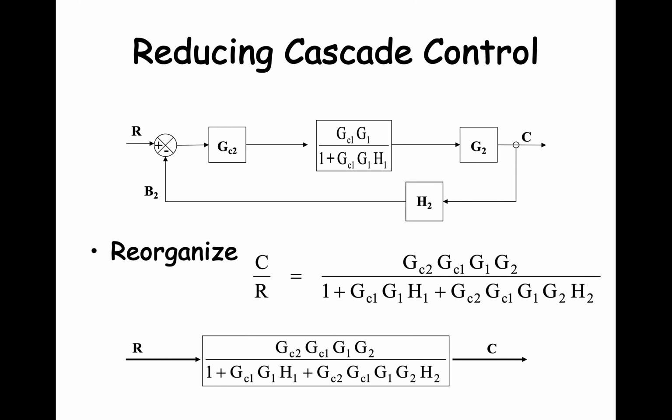This slide shows the simpler transfer function C over R for the feedback plus cascade control system we had. We can replace the entire block diagram with a simple block, with R as the input and C as the output, and the transfer function we just found in the block.